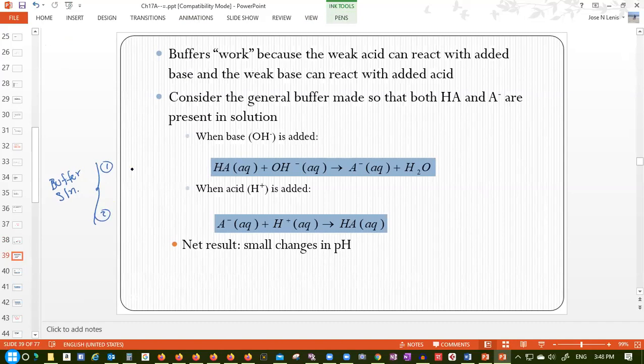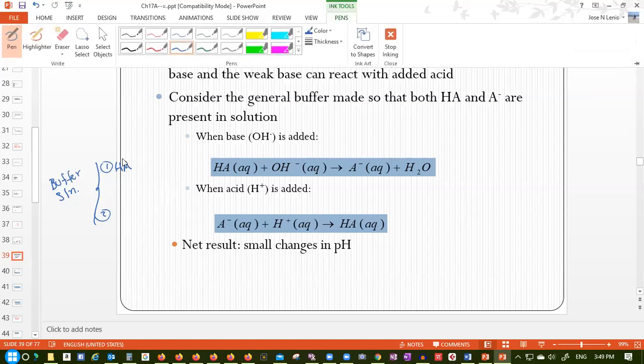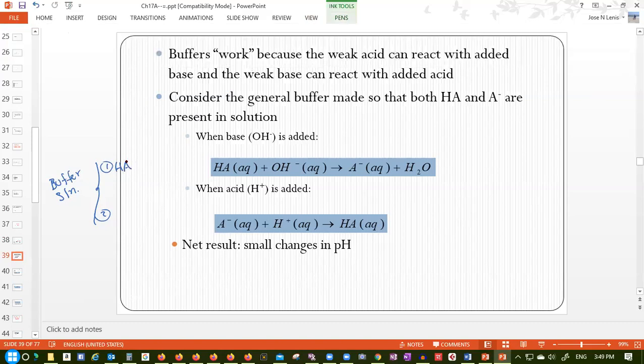So look, the weak acid is going to be HA, that represents any weak acid. And the weak acid is made of the proton, that is the acidic proton, and an ion, which is the salt, or which is the conjugate base of the acid.